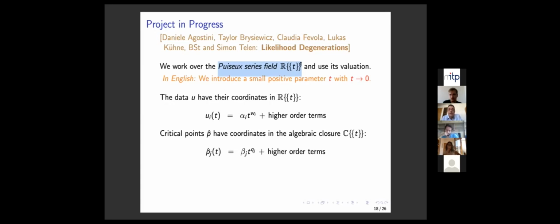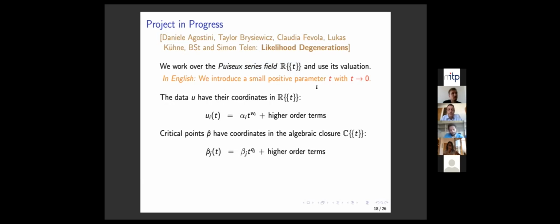Now this is a very nice field. It's both an ordered field, right? Think of t as an infinitesimally small positive quantity. And it's also a valued field, with a valuation. The valuation of a scalar in this field is the smallest exponent of t that you see.